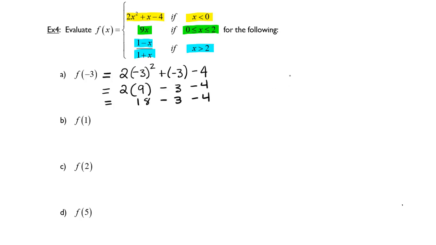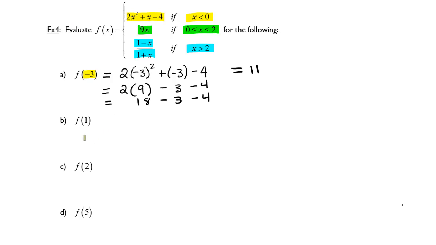So I'm going to get a final value for this function of 11. And again, my input was negative 3. So my rule had to correspond to the input interval where that rule exists.